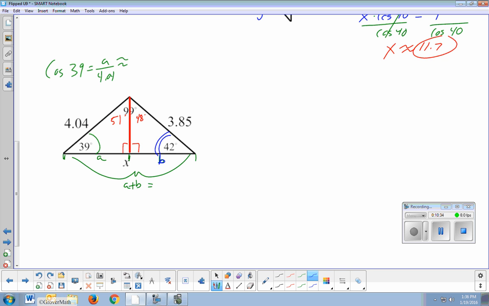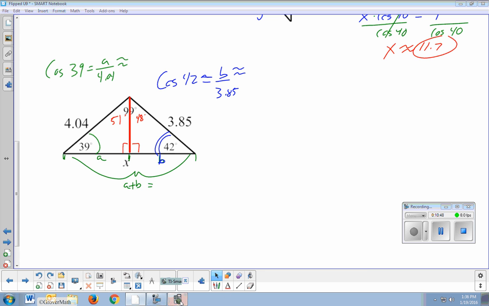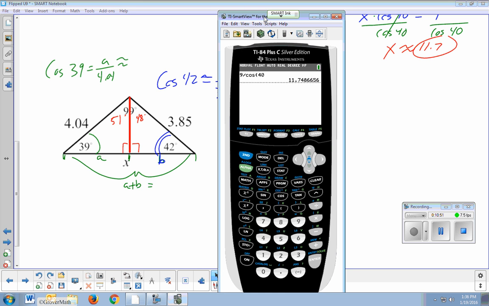And then on this side, I'll find B over here. Again, I could do cosine 42. Cosine 42 would equal B over 3.85. And so I could find B this way. And in the end, I'm going to add them together. So let me do this. We'll round to the nearest tenths. So for this one over here, it's going to be 4.04 times cosine 39.